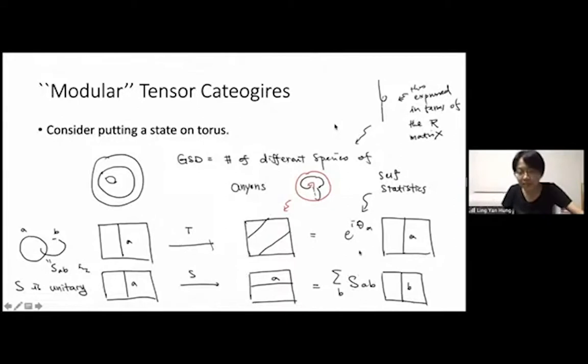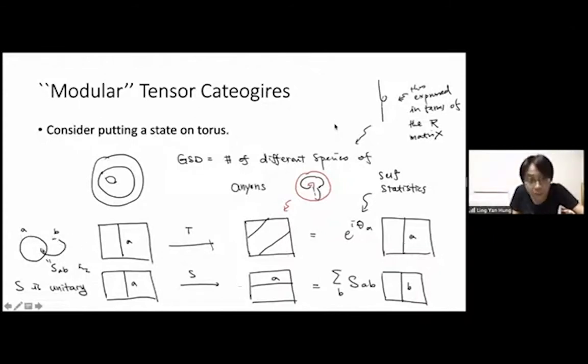So S_AB, you can think of it as the overlap between the anyon wrapping the A cycle and the anyon wrapping the B cycle. If I draw a picture that represents S_AB, you could think of it as basically the overlap of an anyon wrapping the first cycle and an anyon wrapping the other cycle.